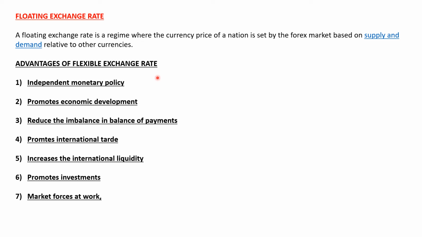The first one is independent monetary policy. Under the flexible exchange rate regime, the monetary policy of the country works independently. Here, the economic condition of the country is less affected by the economic condition of other countries.